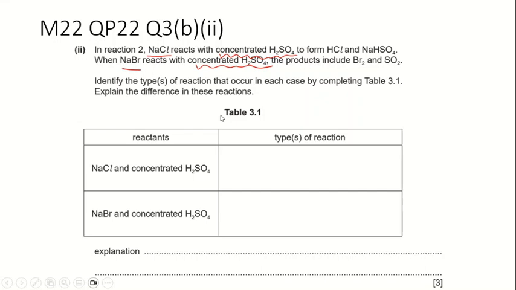So you're supposed to identify the types of reaction that occur in each case by completing this table. So between sodium chloride and concentrated sulfuric acid, it will be acid-base only, because concentrated sulfuric acid is not strong enough to oxidize the HCl that's formed in the acid-base reaction.